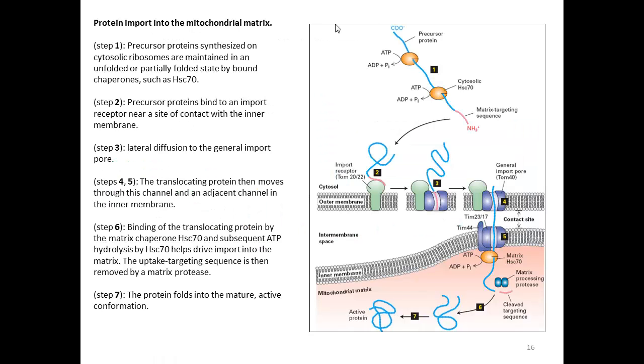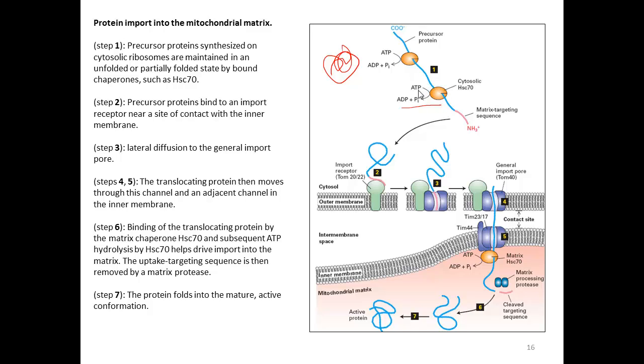This is the figure from a different book talking about the same subject matter, and it shows greater detail. It emphasizes the fact that the unfolding of completely synthesized and folded proteins is an energy requiring process. So these proteins are folded in their final tertiary structure, and then they are unfolded. They'll interact with the receptor.